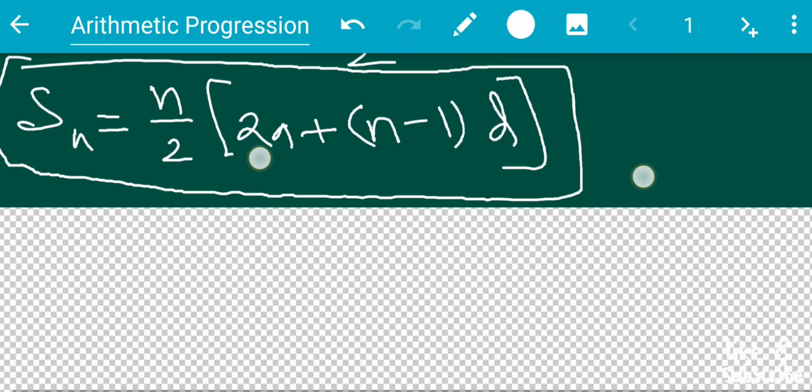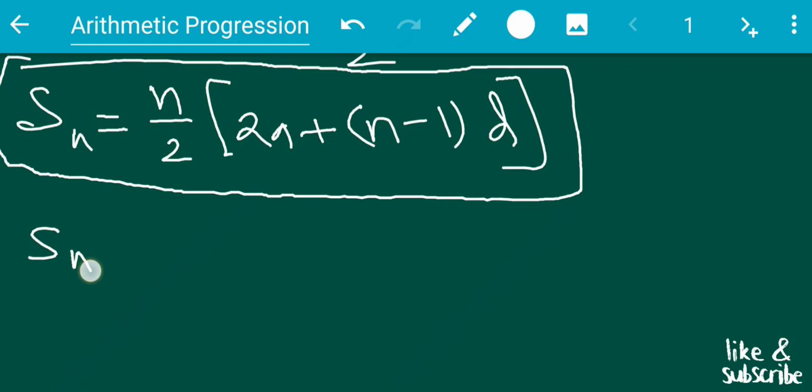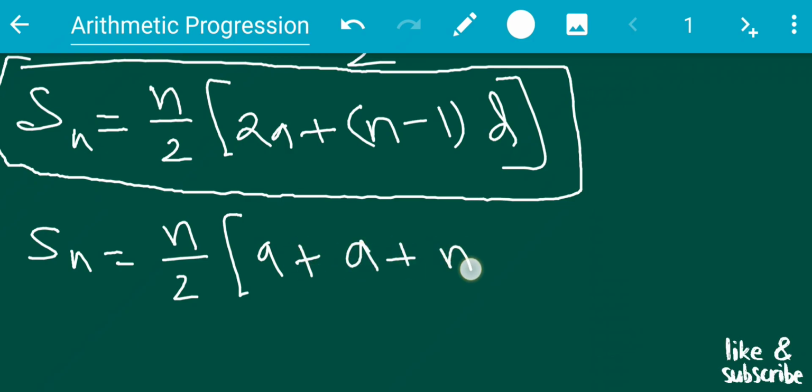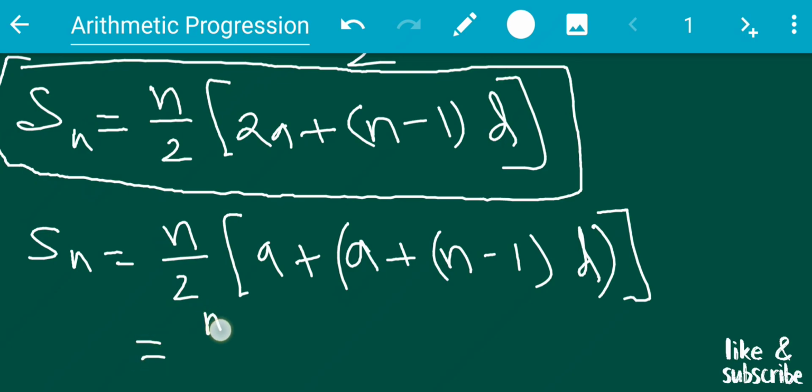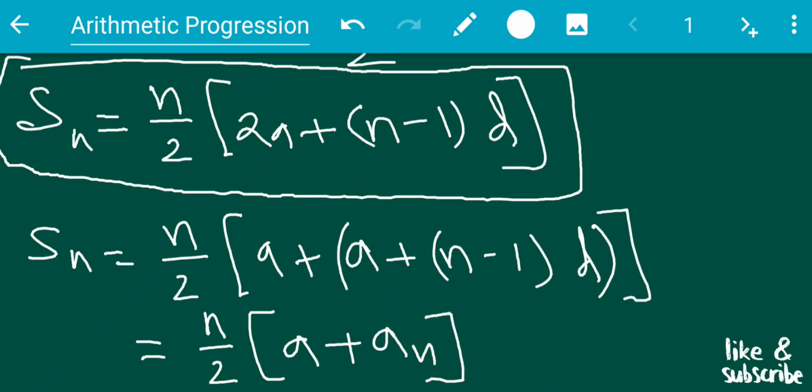Now if we extend this formula, I can write this as a plus n minus 1 d, which is the last term. Now this is nothing but n by 2 of a plus an. So we can see that Sn is the first term plus an, the nth term, that means the last term, into n by 2.